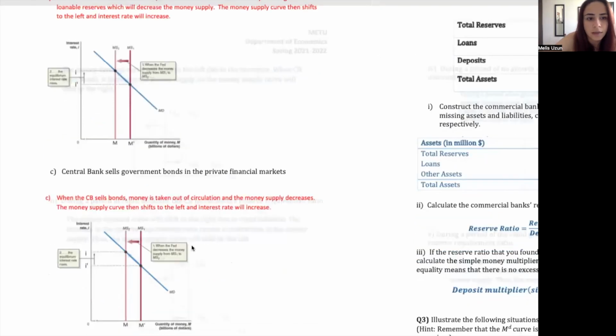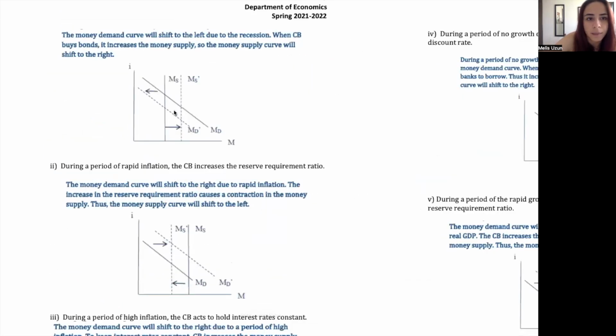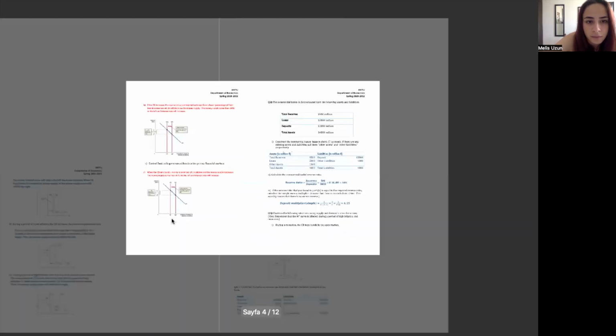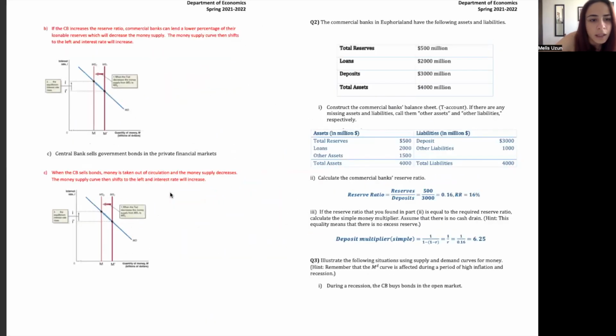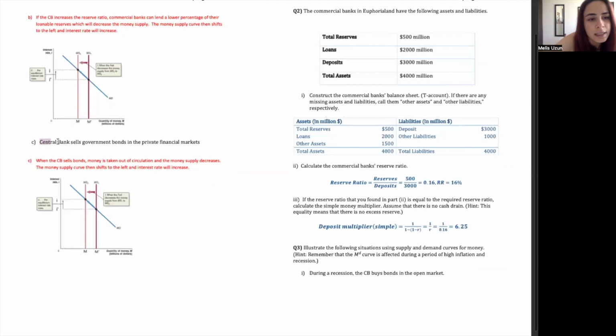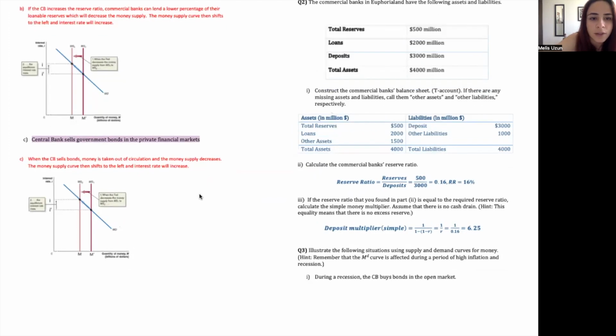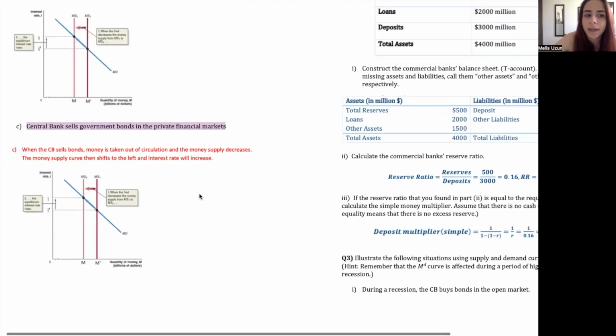It says the central bank sells government bonds in the private financial markets. What does it mean? If the central bank sells bonds, it means the money supply decreases, because it sells bonds and it gets money from people.